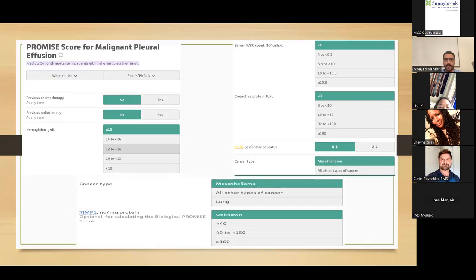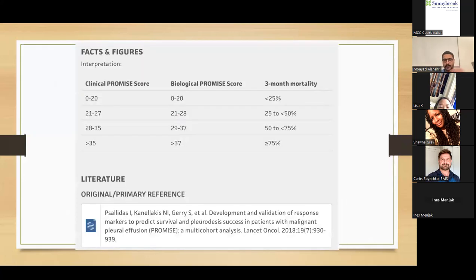The calculated score, the clinical PROMISE score and the biological PROMISE score together, gives you the 3-month mortality. So the higher the patient's PROMISE score, the higher the mortality. Once you are more than 35, you are looking at a 75% mortality within 3 months.